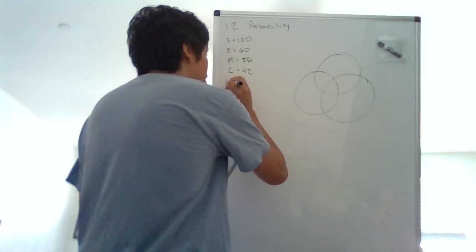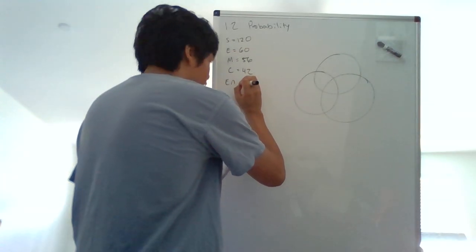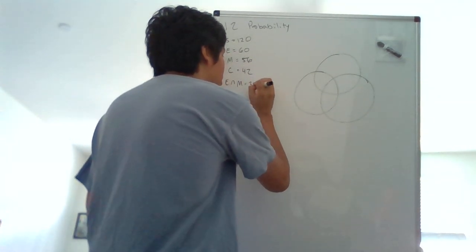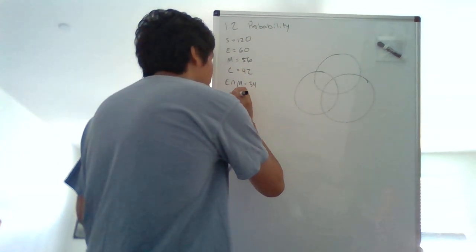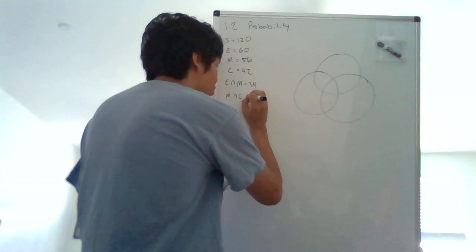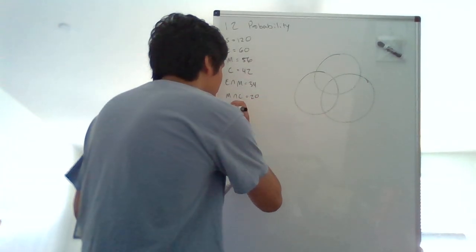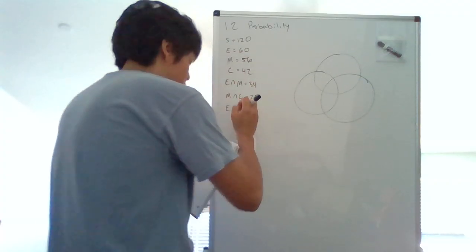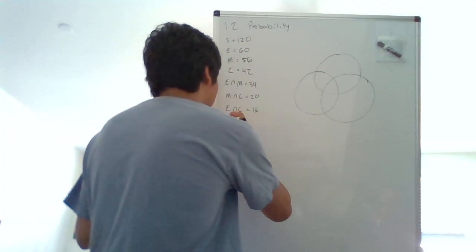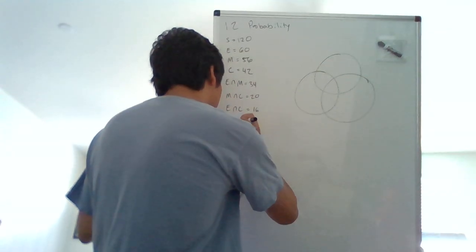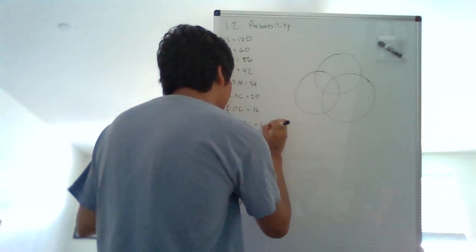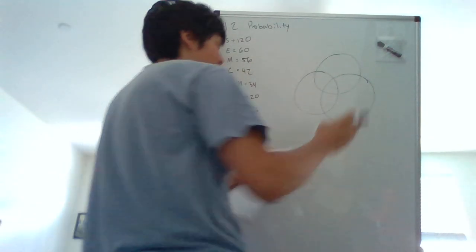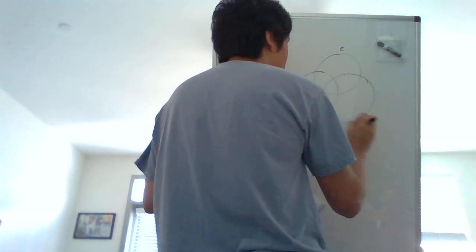So English intersect math, or students that took both English and math, is 34. Students that took math and chemistry is 20. And students that took English and chemistry is 16. And then 6 tryhards took all 3. So English intersect math intersect chemistry is 6. All right. And English, math, and chemistry.